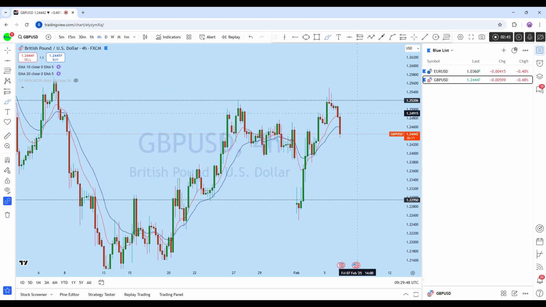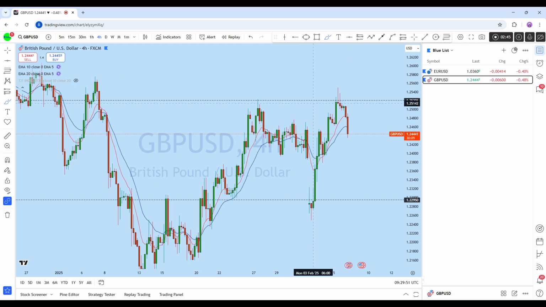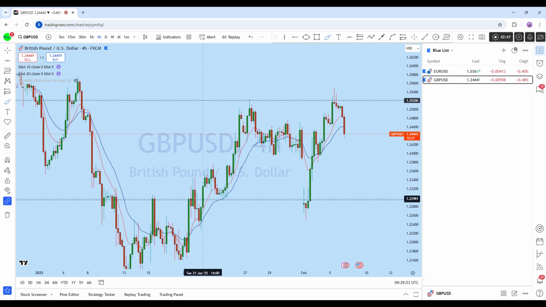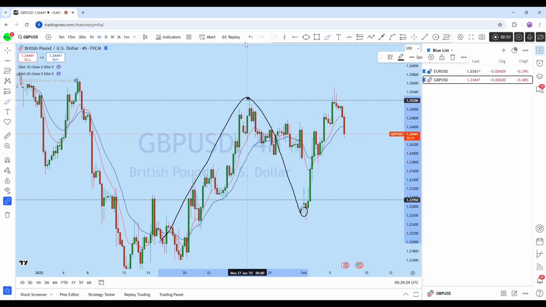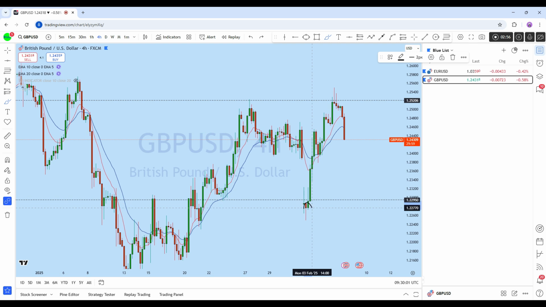Now at the moment, in this area we can see this resistance line from the intraday perspective. On the 4-hour time frame, we saw an uptrend to that resistance, and the price has dropped to that support level. From this zone, with the weekly open and a massive gap opening, the price managed to bounce back up and has broken this resistance.